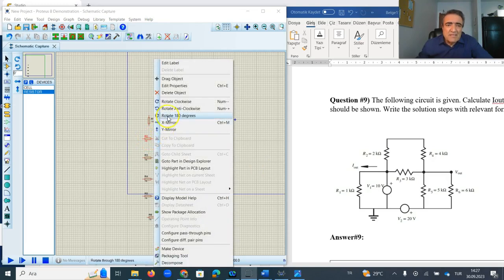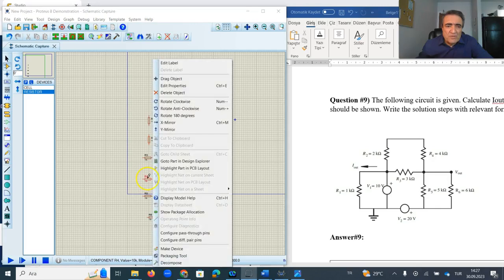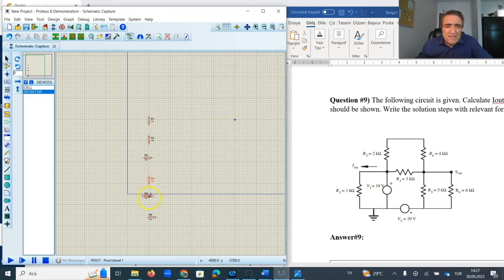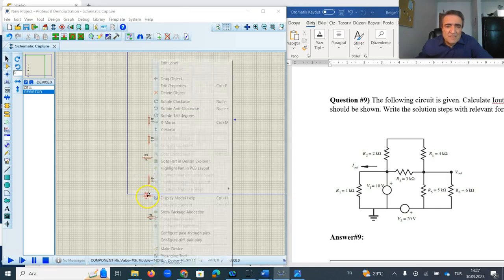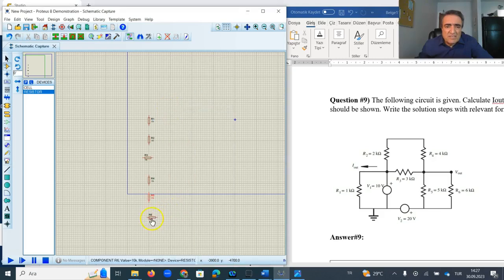Selecting, right click, rotate anti-clockwise. For R4, we are doing the same thing. R5, rotate anti-clockwise, and R6.